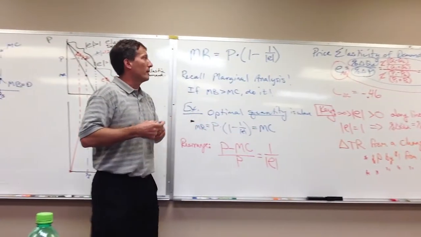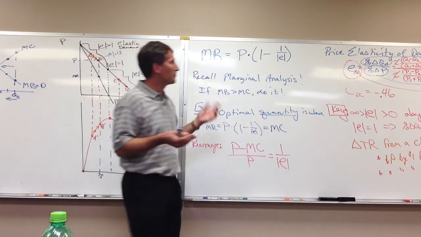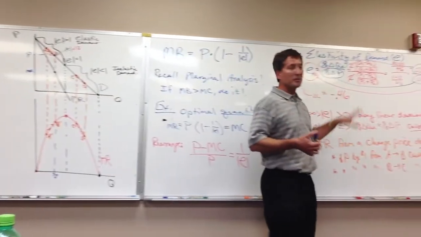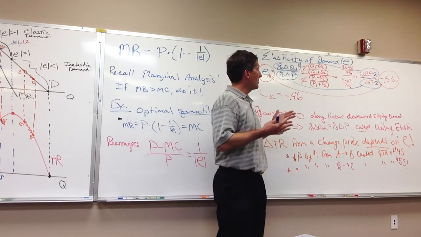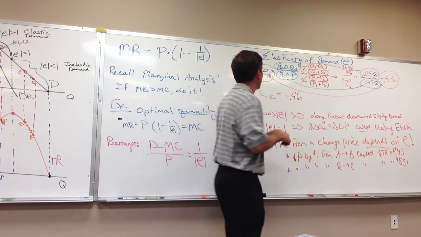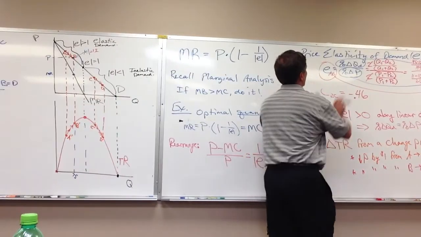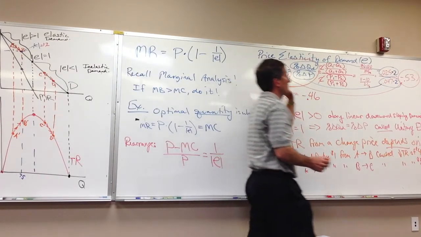Now, I'm not just doing that for playing math games. I'm actually doing that for a reason. Sometimes you'll be faced with a problem, and you'll see it in your text, where you might be given a percentage change in one variable, and you have to calculate the other one. In other words, we use just this part often. So let me give you an example of how that would work.